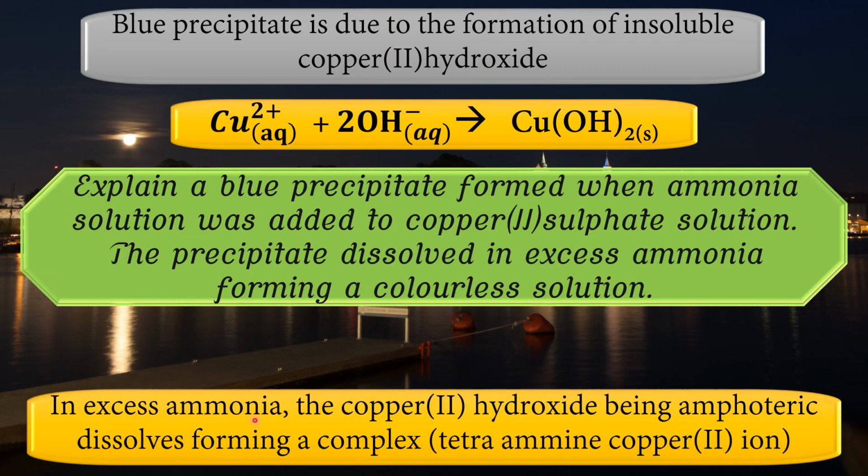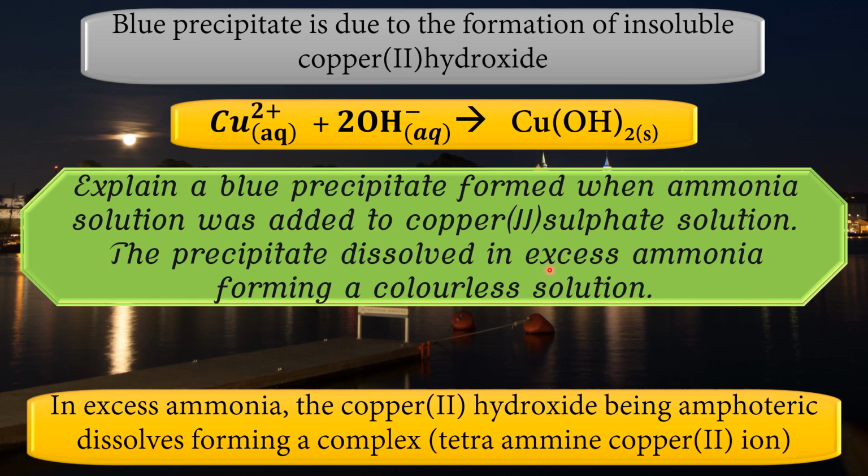In excess ammonia, the copper(II) hydroxide, being amphoteric, dissolves, forming a complex. That complex is the tetraammine copper(II) ion. So what we are saying is that we formed the copper(II) hydroxide, which is a blue precipitate.